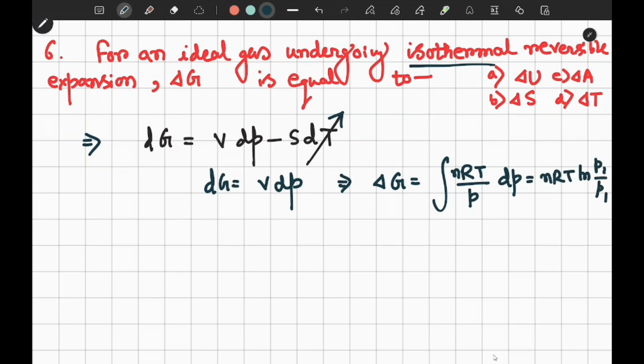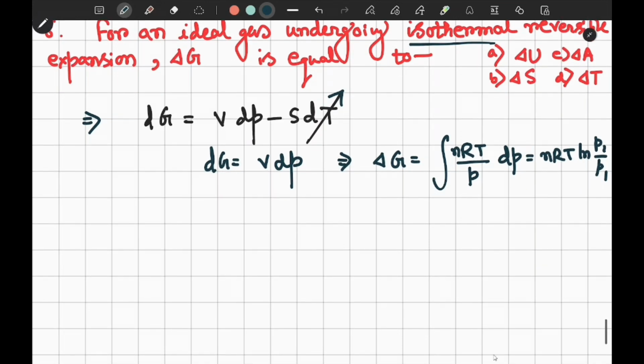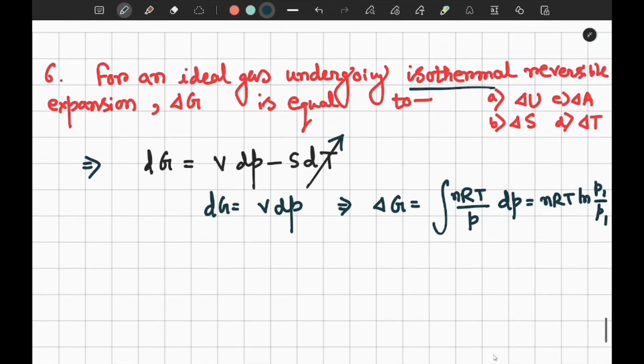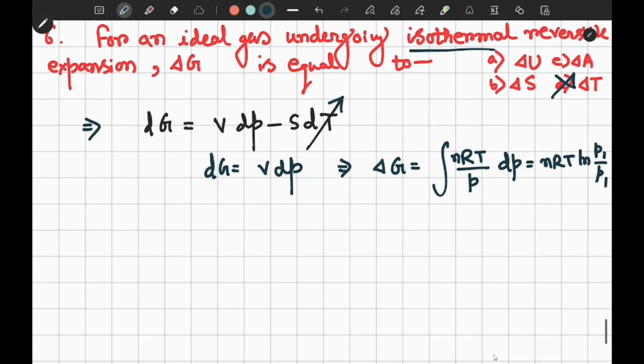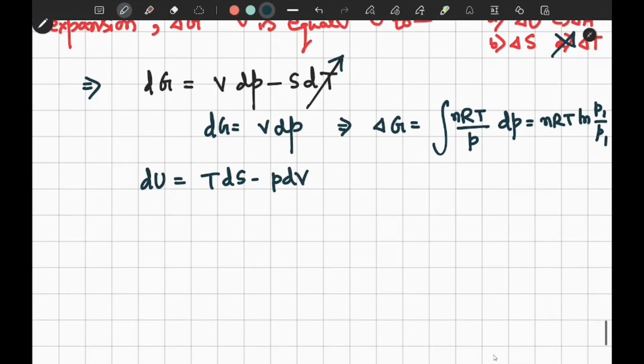We have to find out which of these properties is equal to this. Isothermal means delta T will be 0, so we can ignore that option. Now the other options: dU is TdS minus PdV.